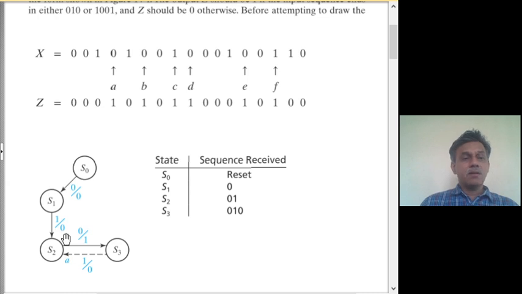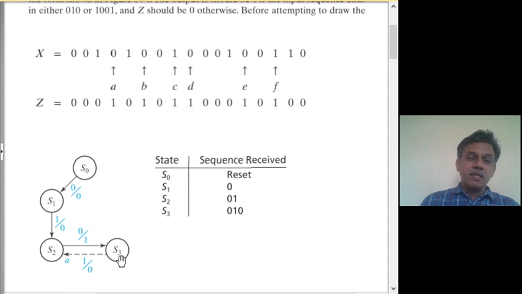Next, if the third bit happens to be 0, giving 0, 1, 0, then the pattern has occurred. We should output a 1, and let us say we go to a state S3.